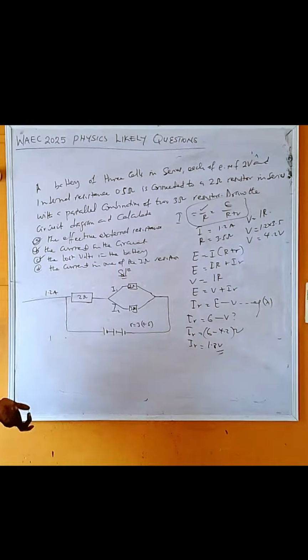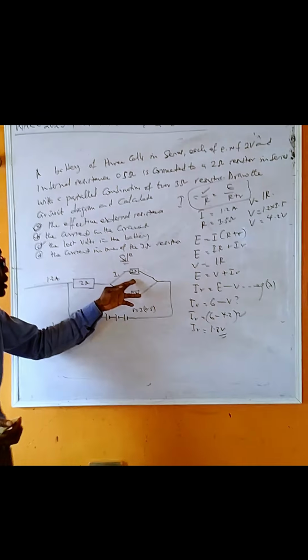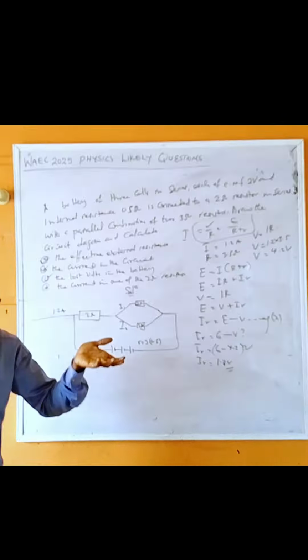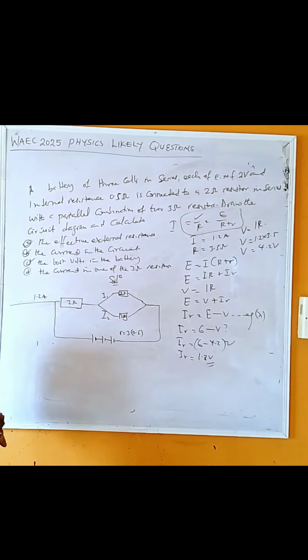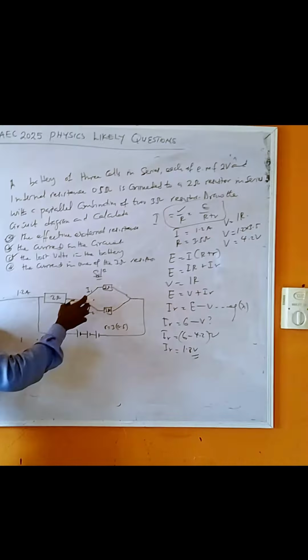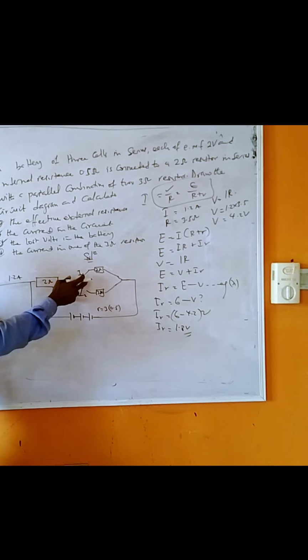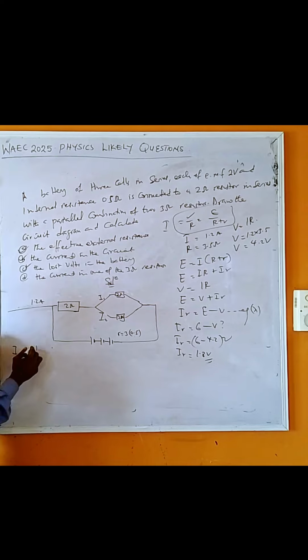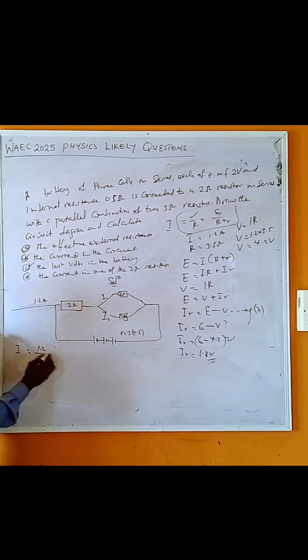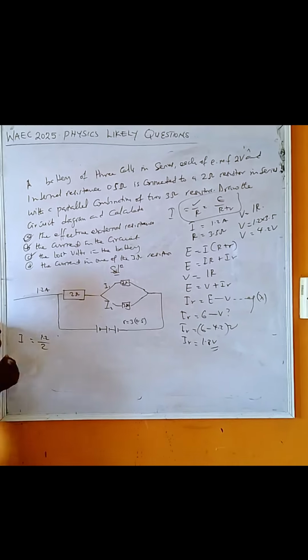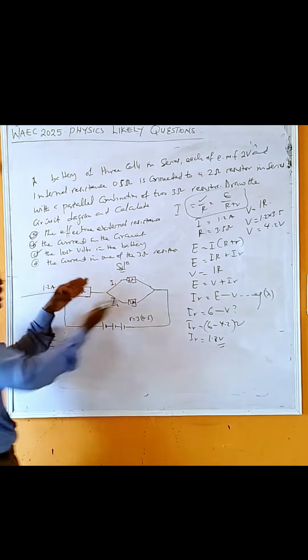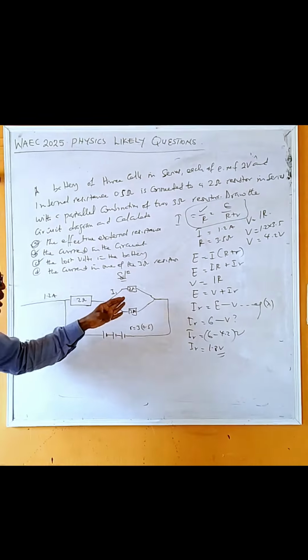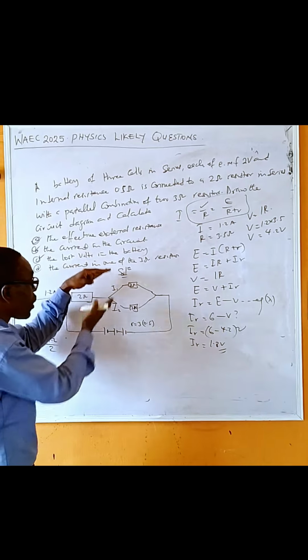If this one is 5 and this one is 3, they have the same resistance, meaning that the current here is shared equally. What do you think is the same when we divide this into 2? The current here will be equal to 1.2 divided by 2. It's obvious, they share into 2 because they have the same resistor. The ability to resist is the same.